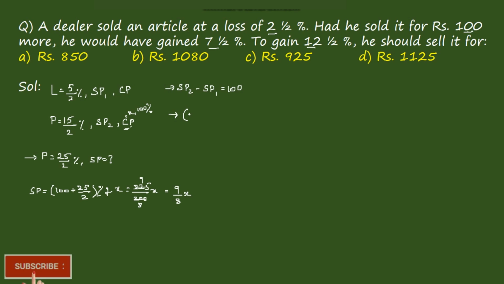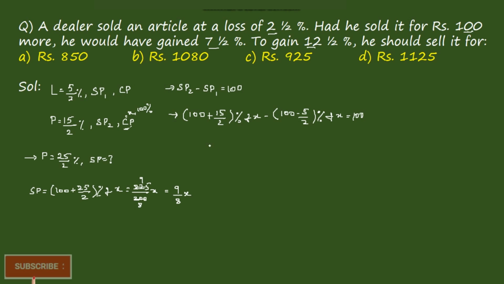So selling price is nothing but it becomes 100 plus, it is in a profit, so it becomes 15 by 2 percentage of X, minus SP1 is a loss, so it becomes 100 minus 5 by 2 percentage of X, which is equal to nothing but 100, right?